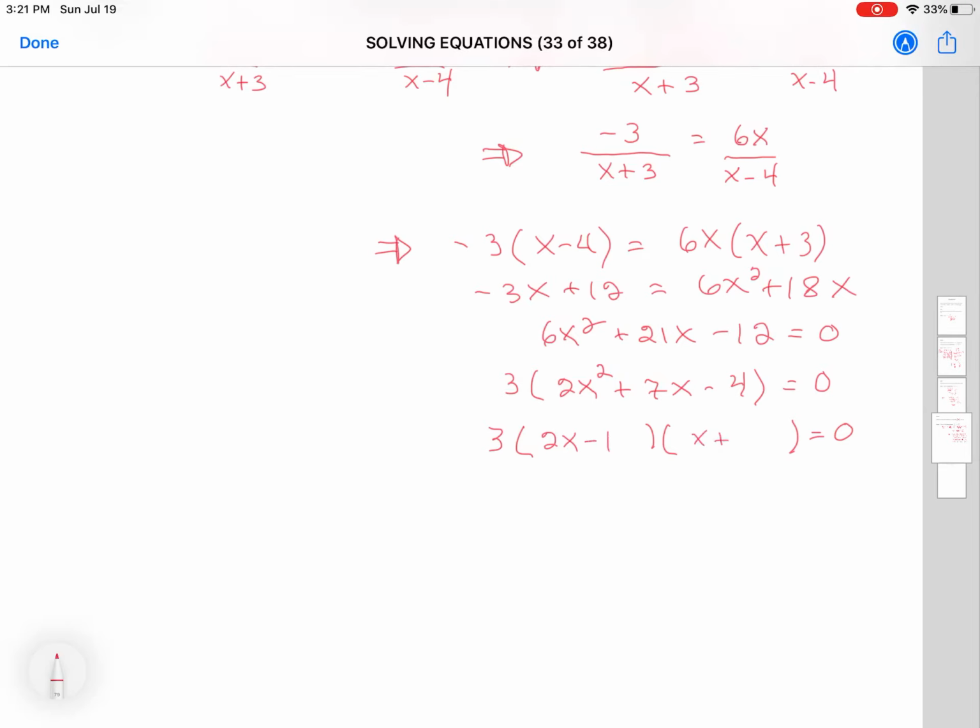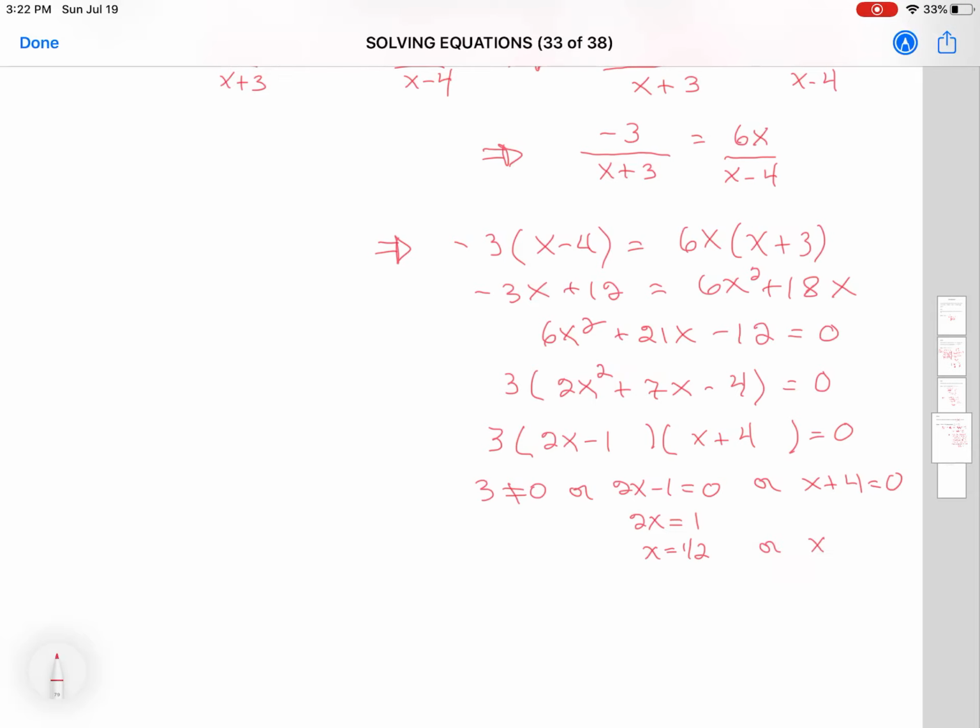If you take your time and you do it, you're going to get 2x minus 1 times x plus 4, which of course tells us that 3 cannot be equal to 0. 2x minus 1 could be equal to 0. And x plus 4 also could be equal to 0. So we have two potential solutions.